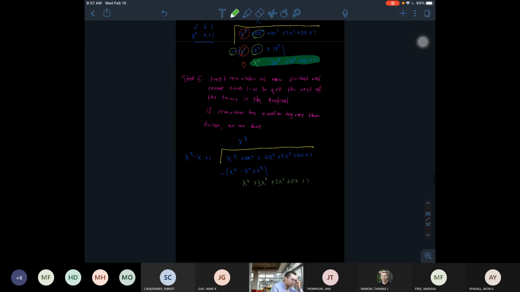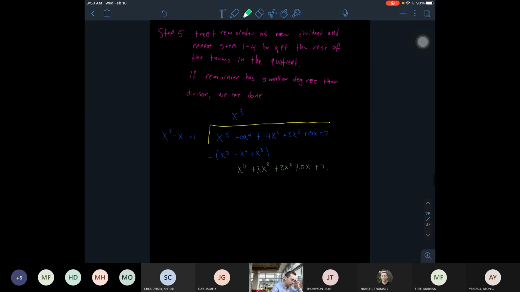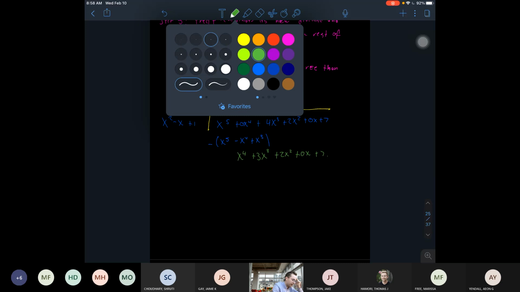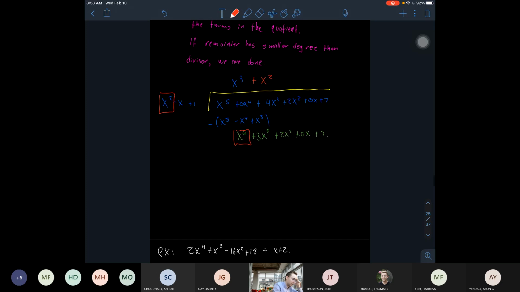Okay, and now I'm going to treat this inside thing, this x to the 4th, as our new polynomial, which we're dividing by this thing, and I'm going to reapply the same exact steps. So the next term in my quotient is going to be whatever I have to multiply x squared by in order to get x to the 4th. Well, that's x squared.